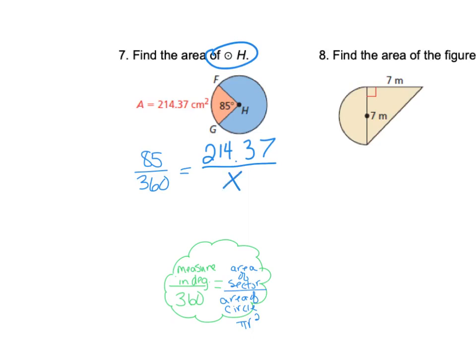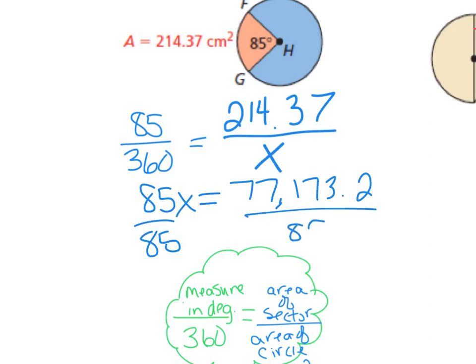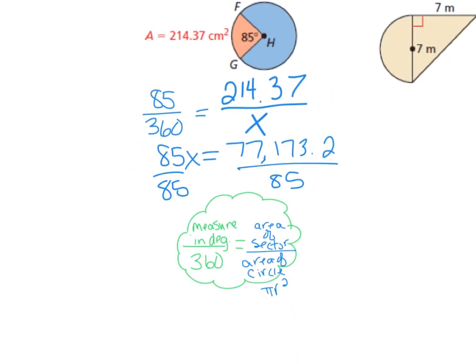If I do a little cross multiplying, I get 85x equals 214.37 times 360, which is 77,173.2. And then if I divide both sides by 85, okay, and notice there's no pi anywhere in this right now because we didn't actually have to use that, didn't have a radius and anything times pi.